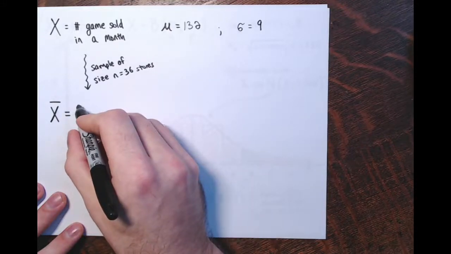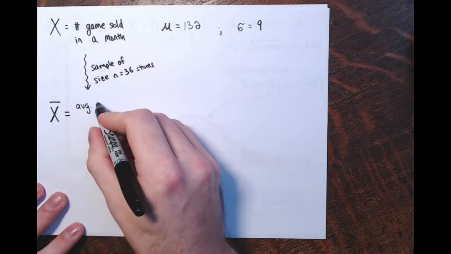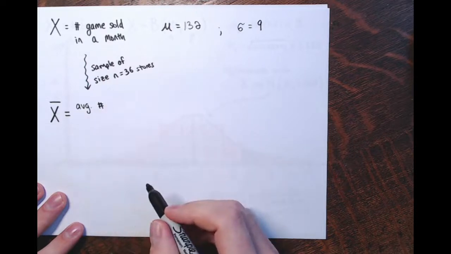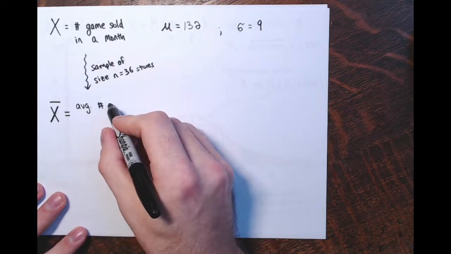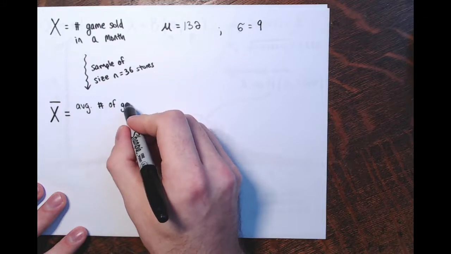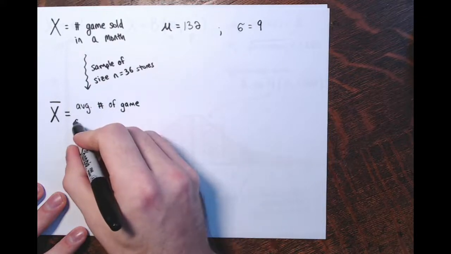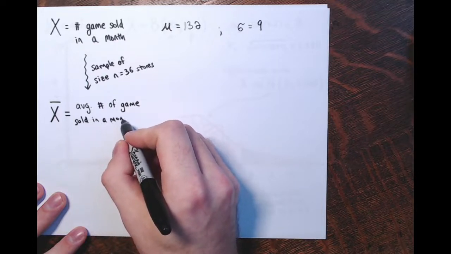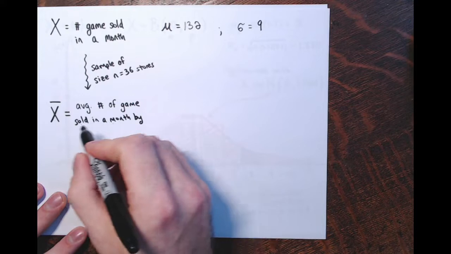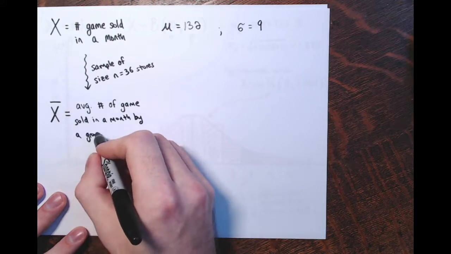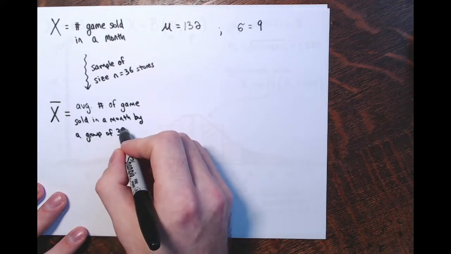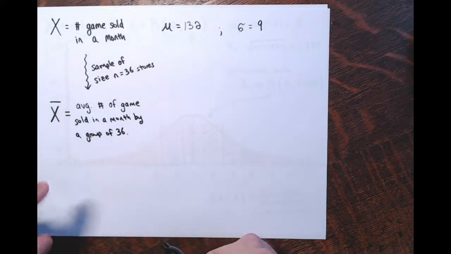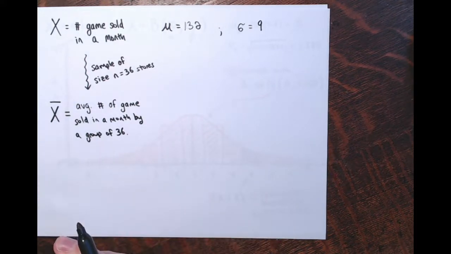And X bar represents the average number of games sold in a month by a group of 36 stores. So X bar here represents the average number of games sold by any group of 36 stores this company selects.